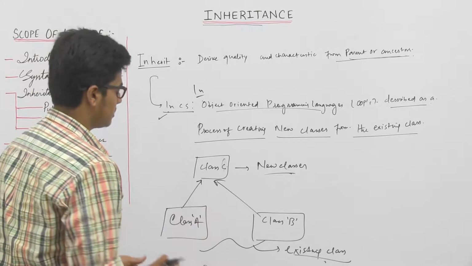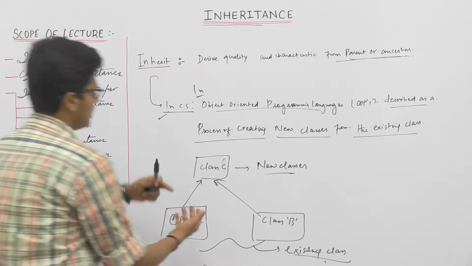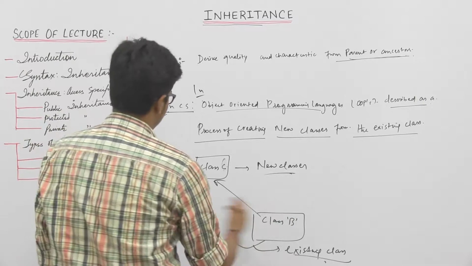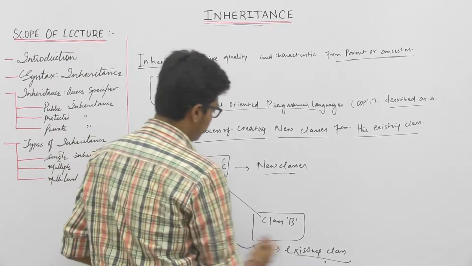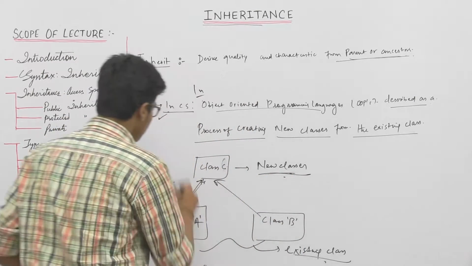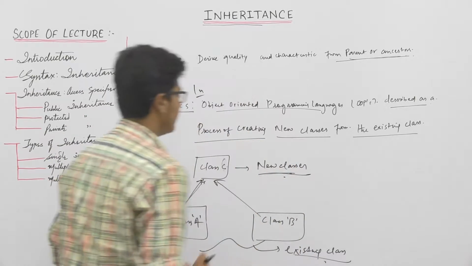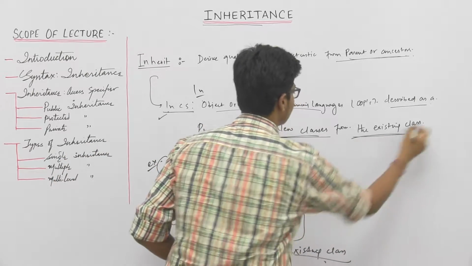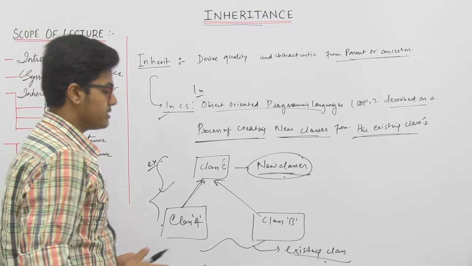It can be a single class making a new class, which is single inheritance. Here is an example of multiple inheritance: classes A and B combine to make class C, which becomes a new class. So here is the definition of inheritance.